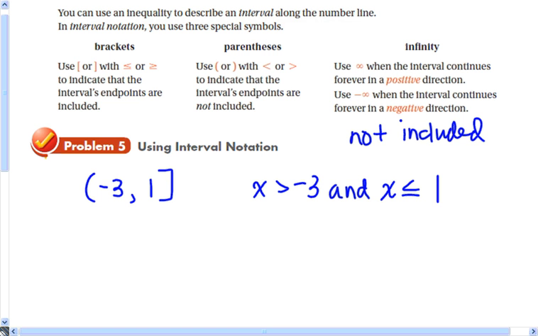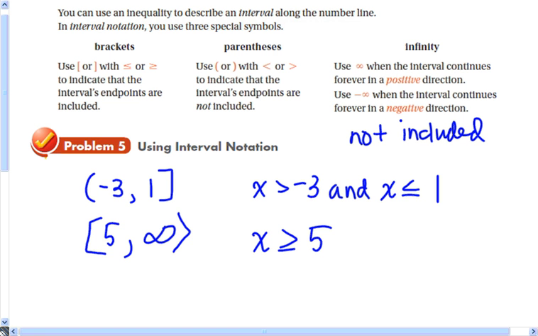Okay, an example of something like [5, infinity). And you may see this symbol also for the end. That would mean x is greater than or equal to 5.